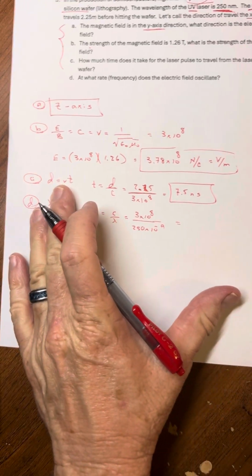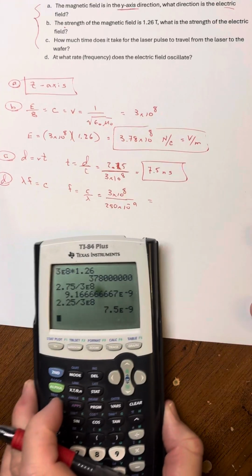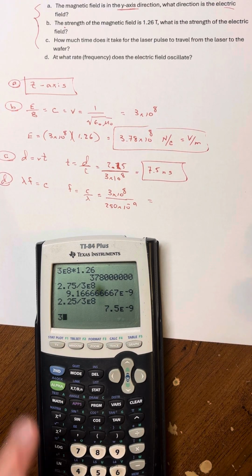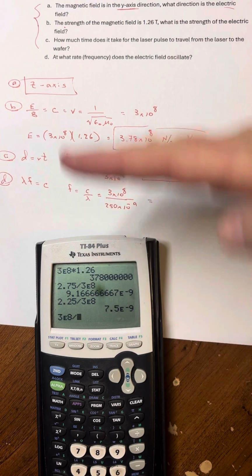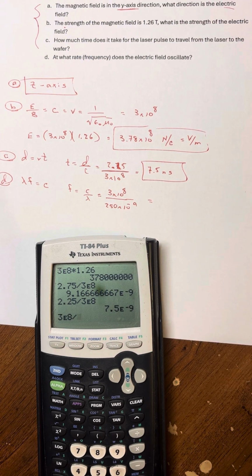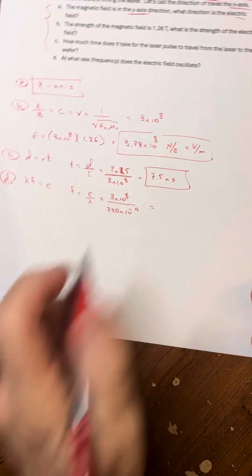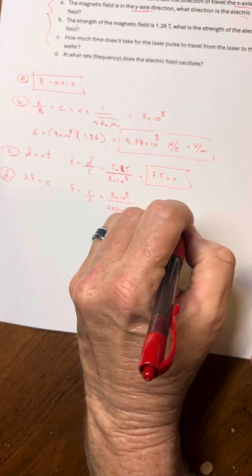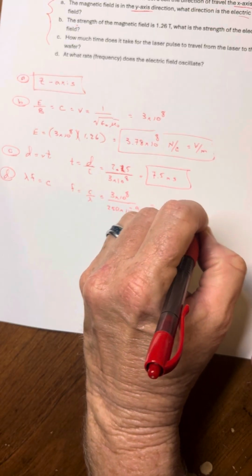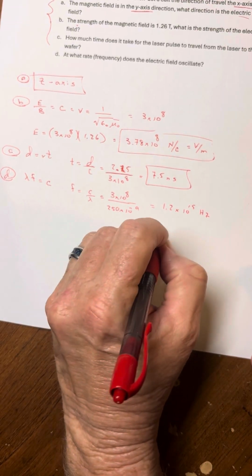And this will be very, very high frequency, which, if you look back on that chart, that's where the ultraviolet light was. It was way up at the top. In fact, maybe we'll grab the chart here in a second as we wrap up. But this is 1.2 times 10 to the 15 hertz.